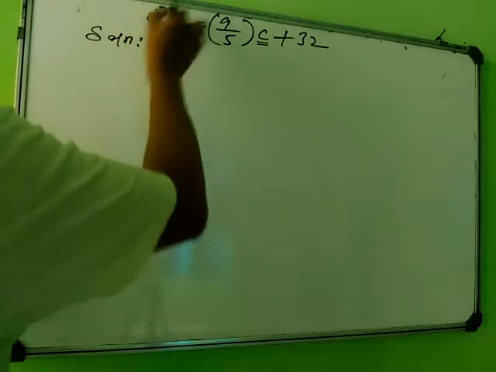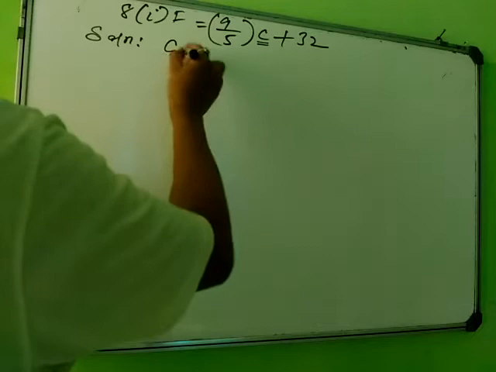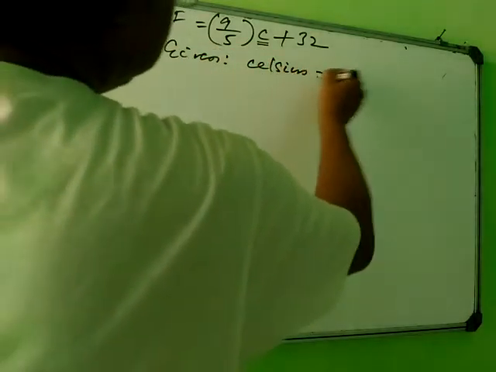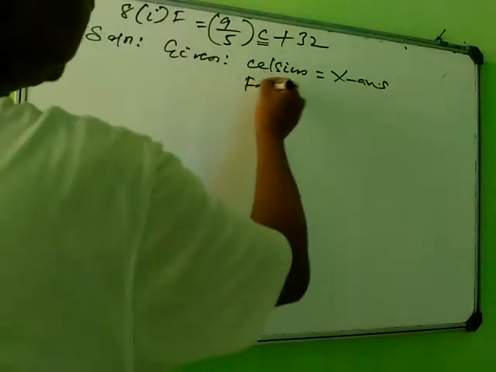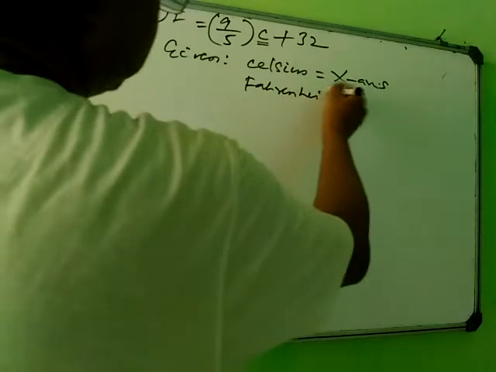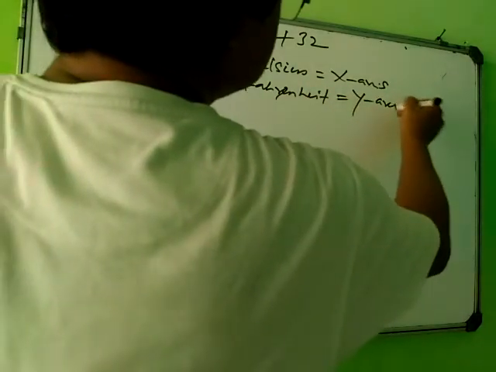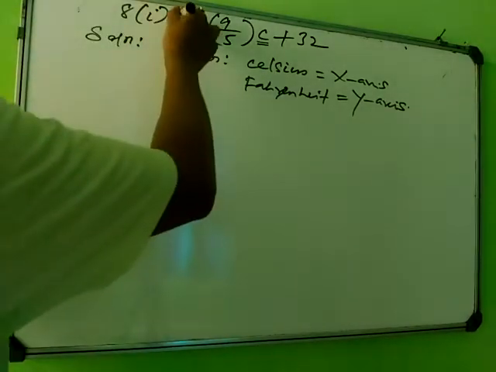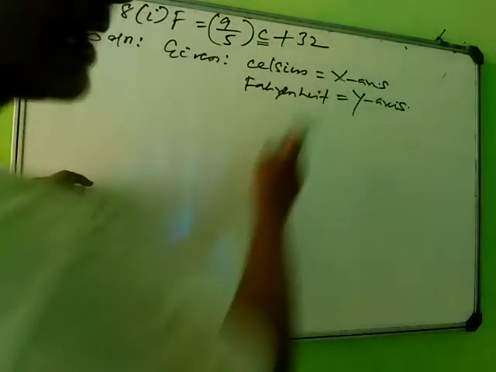So given, Celsius equals x-axis and Fahrenheit is equal to y-axis. Now here F, that is the Fahrenheit, you will take as y. Celsius you will take as x.